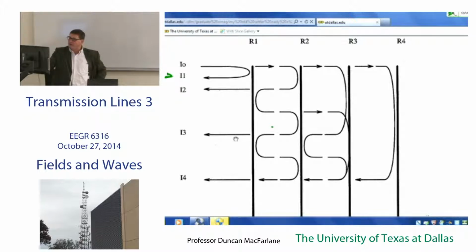This snakes around and comes back out as I3. The fourth one, I've got two ways of getting there. I can go all the way, I can serpentine around here, or I can spend more time in here, or I can go all the way through. So I have a much more complicated sum to get me my I3 and my I4 and so on.